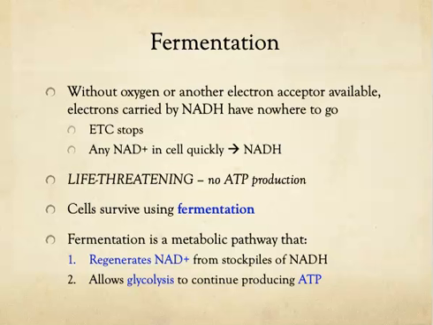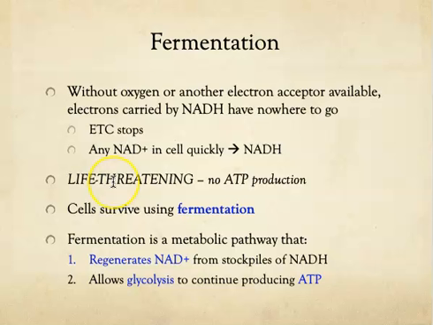Organisms like human beings who find themselves without an oxygen supply are in trouble because they cannot perform cellular respiration and oxidative phosphorylation without oxygen. The electron transport chain stops, and all of the electron carriers have nowhere to deposit their electrons. This is life-threatening. This is absolutely life-threatening.